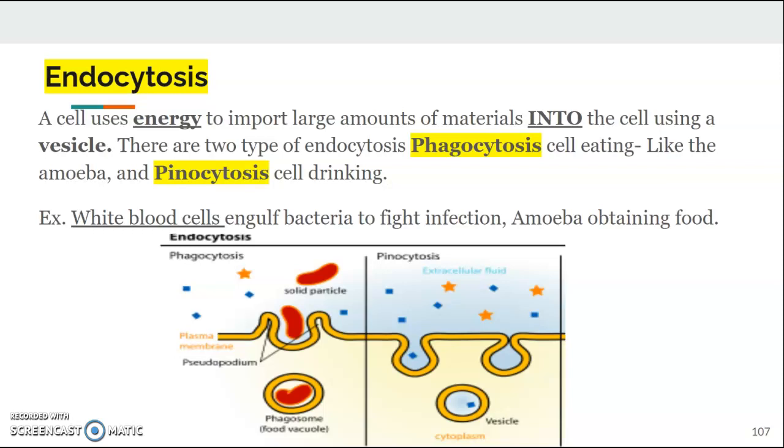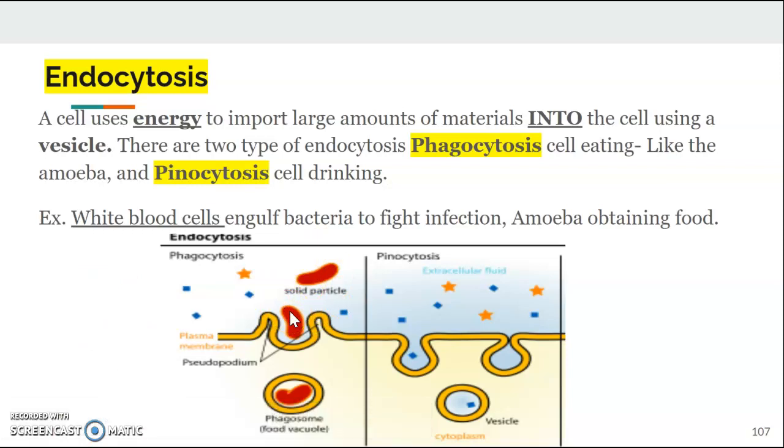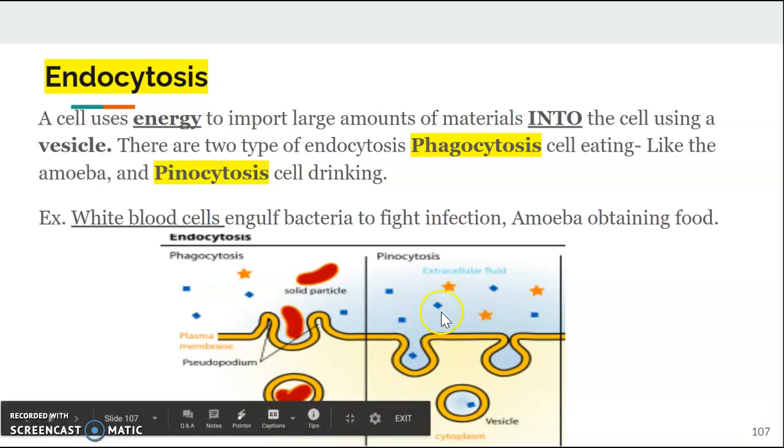Endocytosis, the cell uses energy again to import large amounts of materials into the cell using a vesicle, right? There are two types of endocytosis. Could be phagocytosis, and that's when the cell is taking in solid particles, like in this picture here, and like what the amoeba does, or pinocytosis, which is when it takes in fluid from outside the cell.